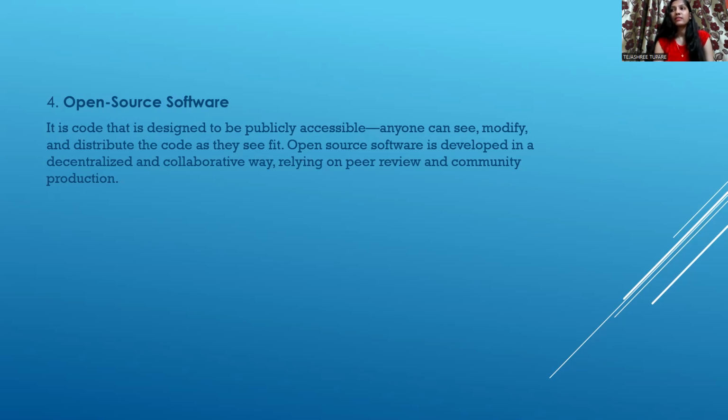Python is one example; you can download it freely. Various application software is also available, and you can write your own code in it, modify it, and distribute the code. There are various language software under open source software, which you can use for coding.